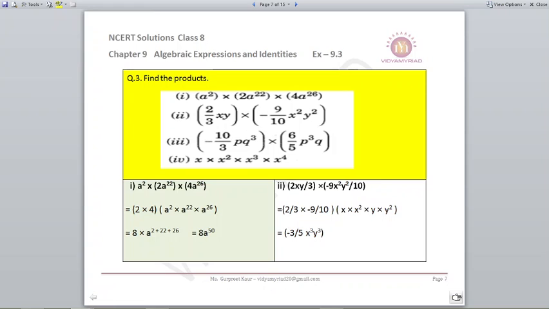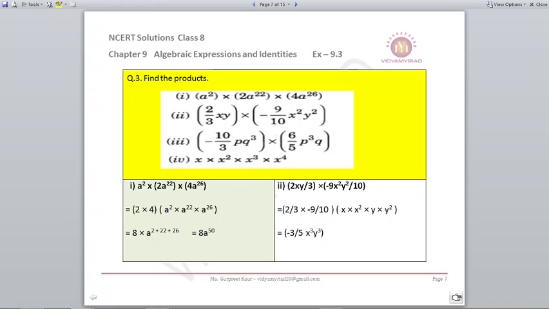Question number 3. Find the products. Now here you have first case, a square multiplied by 2a raised to power 22 multiplied by 4a raised to power 26. Now first let us multiply the numbers. All are multiplications. So for easier calculations, we are taking numbers in one bracket and variables in another bracket.